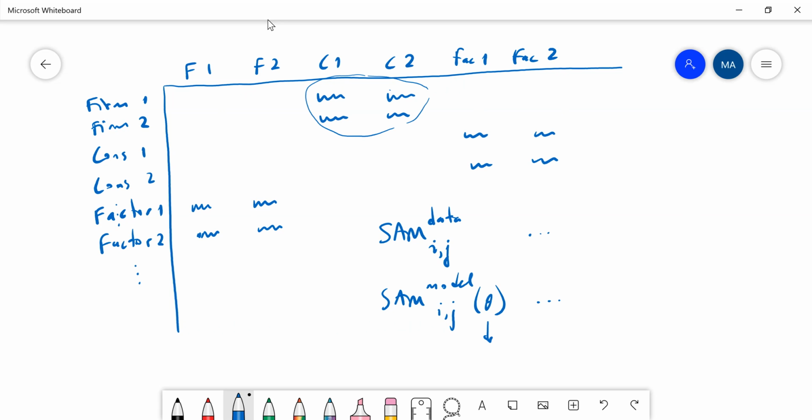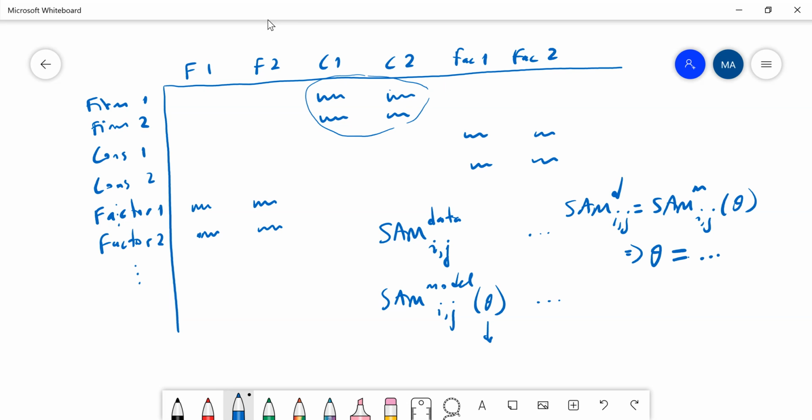So the idea is to recover these structural parameters. In the simplest case, we have the equations directly, so SAM data ij will be equal to SAM model ij of theta. You're going to solve this equation to find theta.